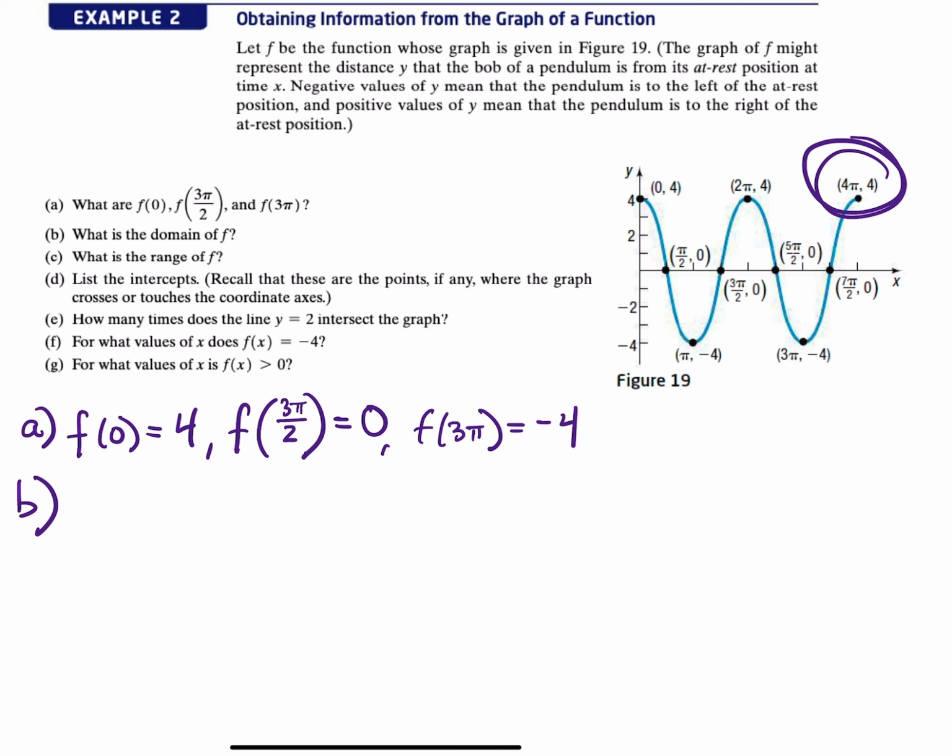So we can say the domain, using set builder notation, is all values of x such that x is greater than or equal to 0 and less than or equal to 4 pi. That's one way to say it. Or using interval notation, we can just say the interval from 0 to 4 pi, including both endpoints.